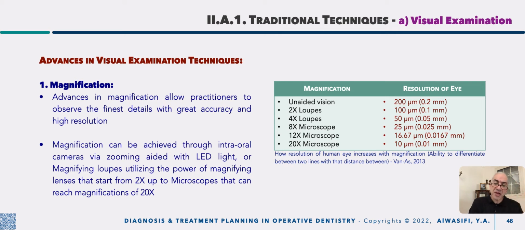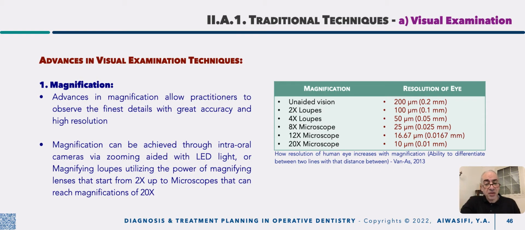Also, magnification loupes are available with different magnification powers, up to the microscope, which provides 20x magnification. In this table you can find how much the resolution can be improved by using magnifying aids, for each power of magnification.